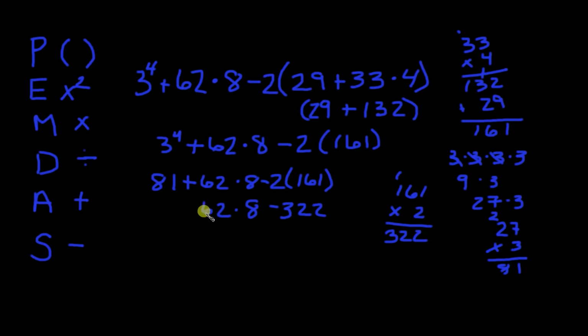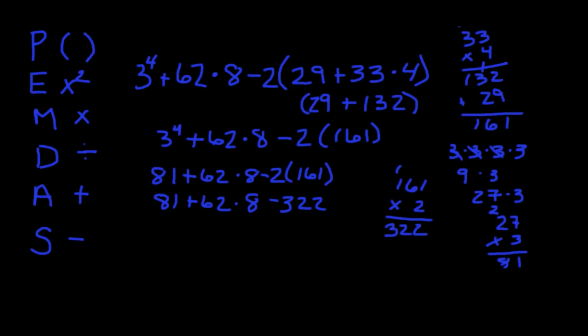Still, as always, our last answer with the rest of our equation. And now we have 62 times 8. So let's bring it here. Let me scroll here a little, give us some room.